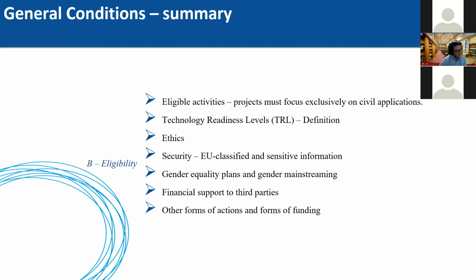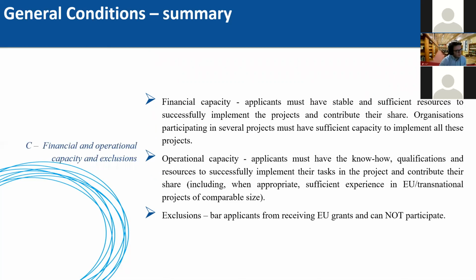Here I just list the main headings in each section. Under section C, which is on financial and operational capacity and exclusions, for the financial capacity, basically applicants must have stable and sufficient resources to successfully implement the project and contribute their share, such as in Horizon Europe.